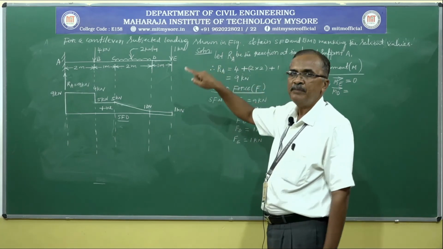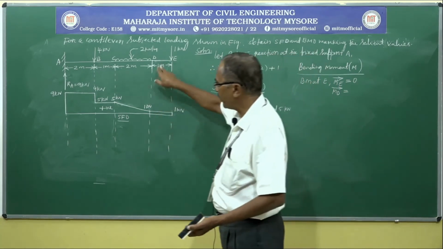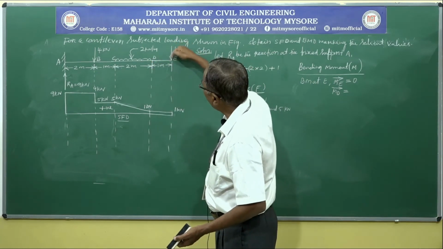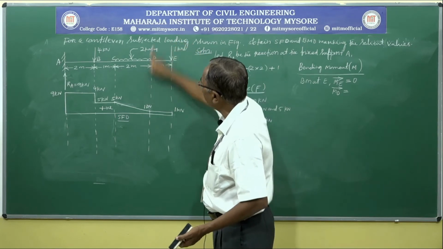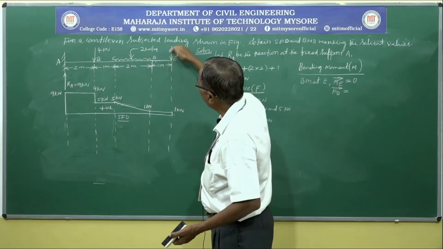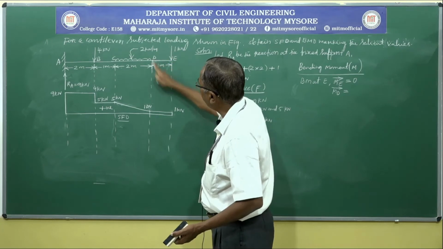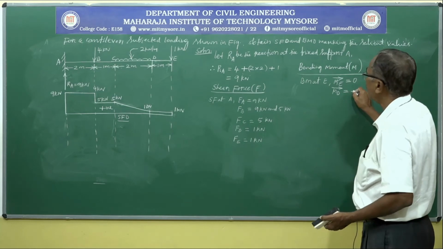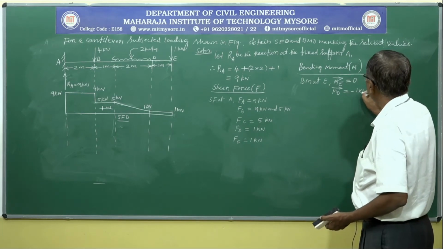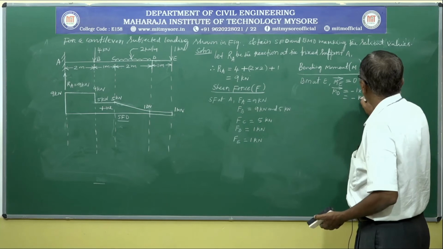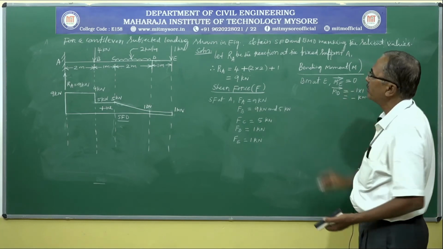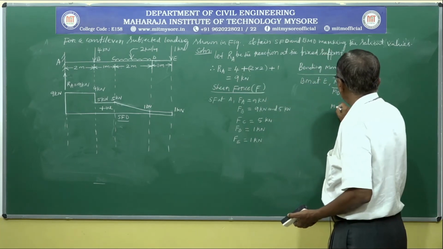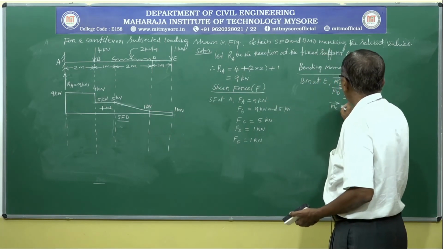Here also we adopt the same sign convention, with better understanding because we are almost at the end of this chapter. See here, because of this applied load, it will try to bend the beam in the upward direction. This clockwise moment will try to bend the beam in the upward direction, hogging is negative. Minus 1 into 1, that is equal to minus 1 kilonewton meter. Next salient point is C. MC again by considering the right hand side.